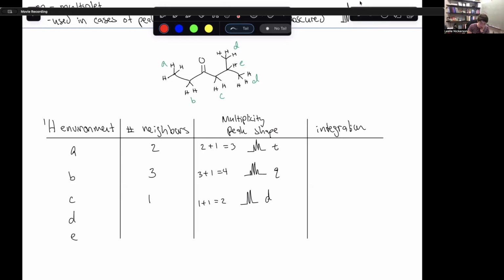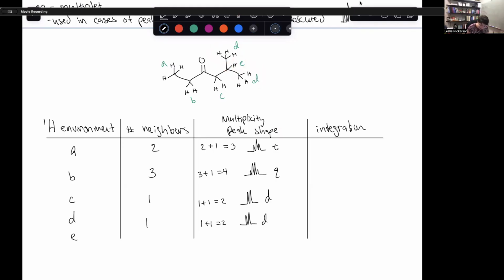So our D environment, we're going to be looking at this carbon right here. And same thing, if you did this one, you'd be looking at that carbon right there. So on our neighboring carbon, we only have the 1 proton. So D is going to have 1 proton as its neighbor. So it's going to be another 1 plus 1 is 2, giving us another doublet.